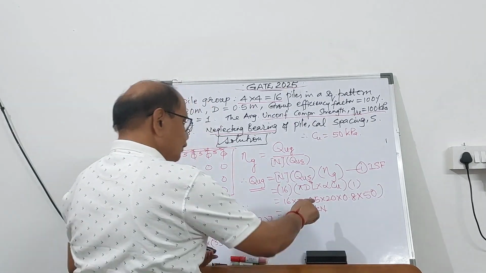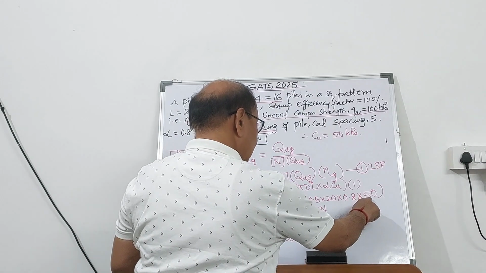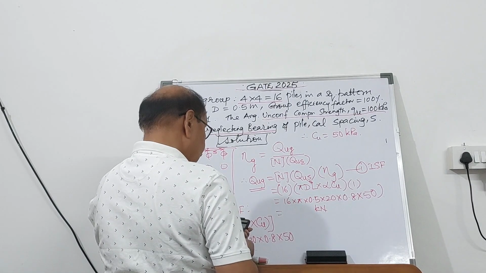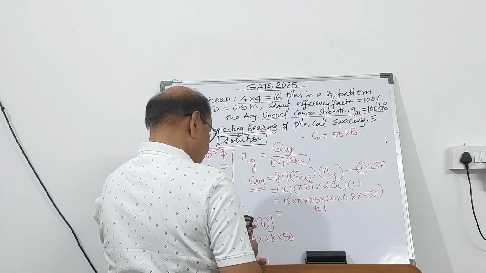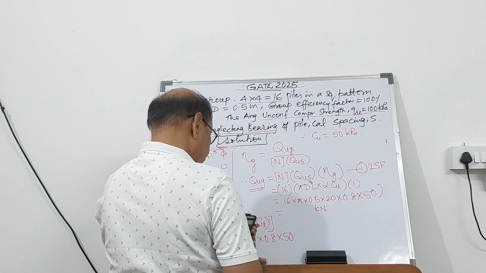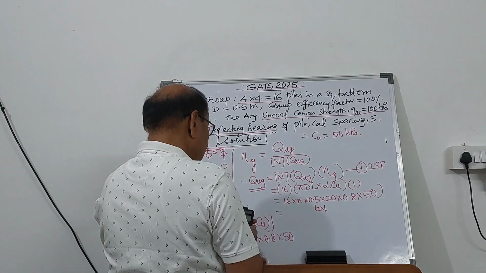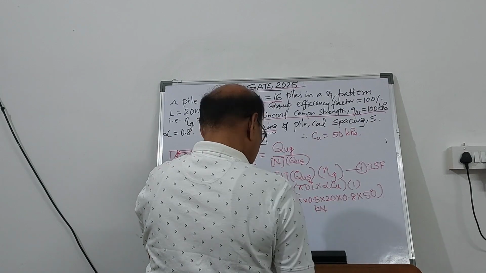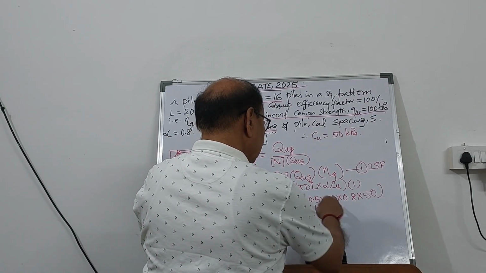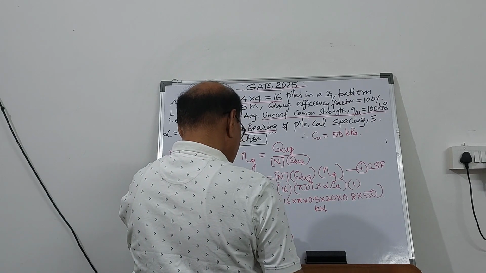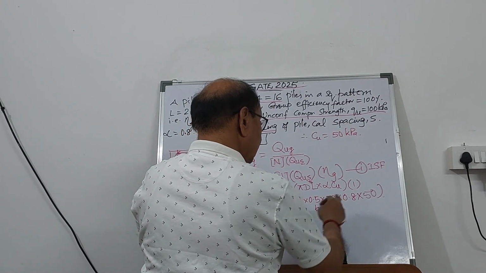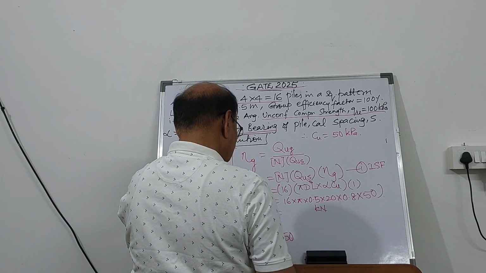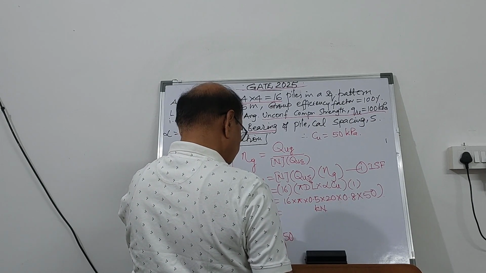So it is, you see, 16 into 0.5, 16 into 0.5 into 20 into 40 into pi.